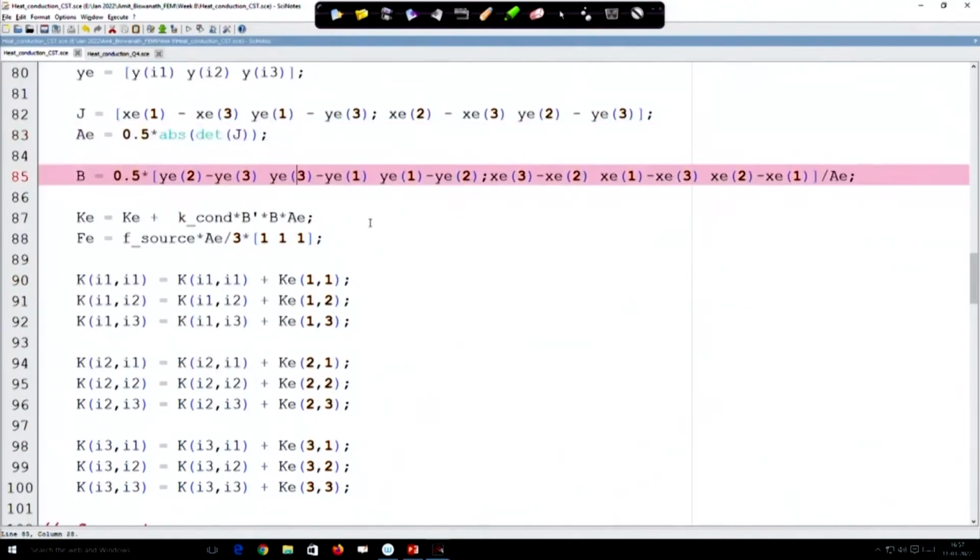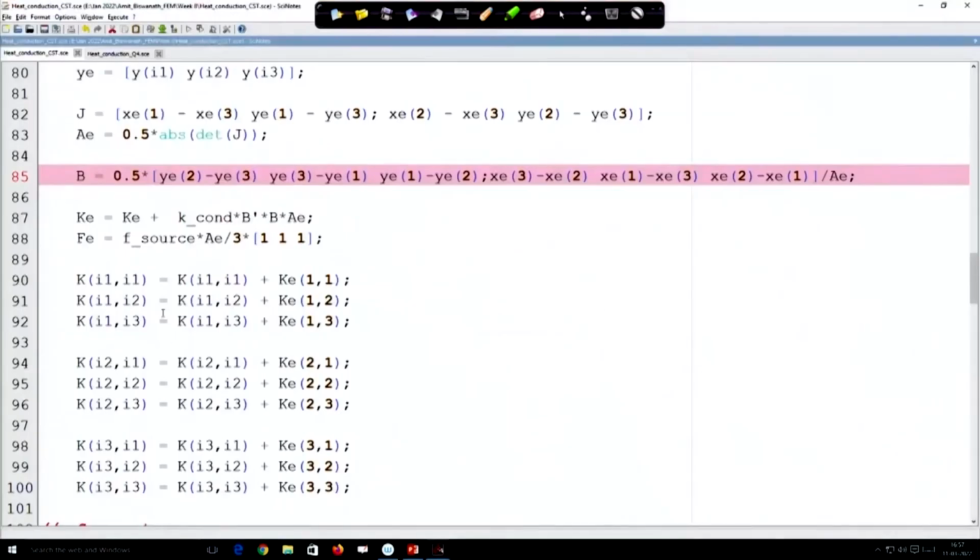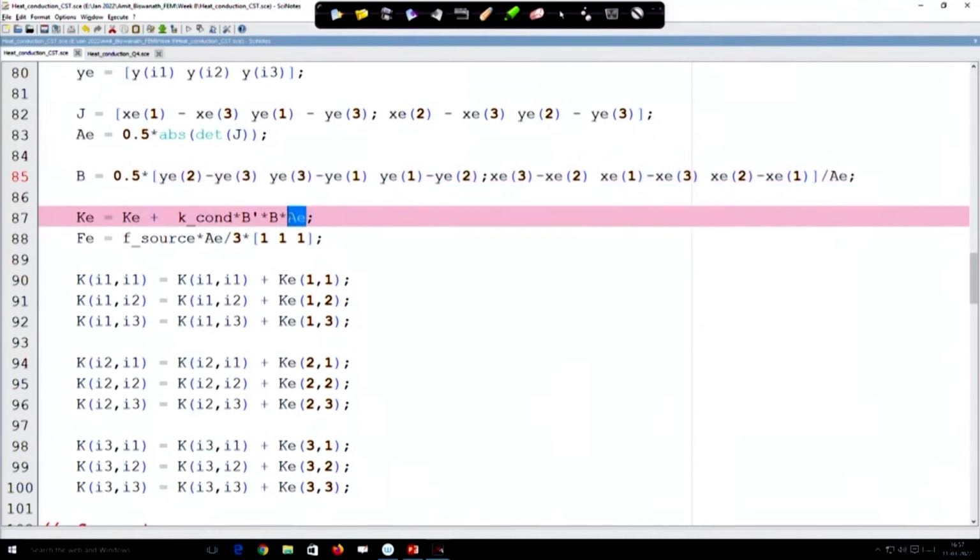Similarly, we will get B, and once we have B, our coefficient matrix, if you recall, is the area multiplied by the conductivity K, then B transpose B. So this gives you the area, then K_con is the constant for conductivity, and B transpose B. The dash means it is a transpose.